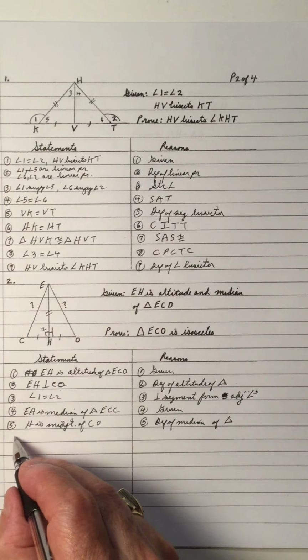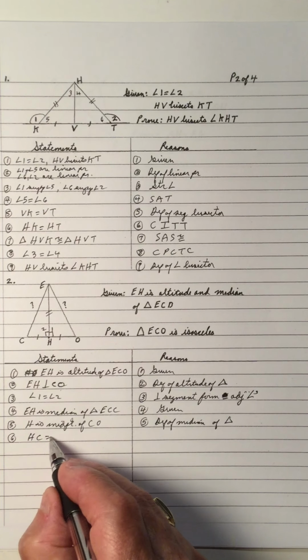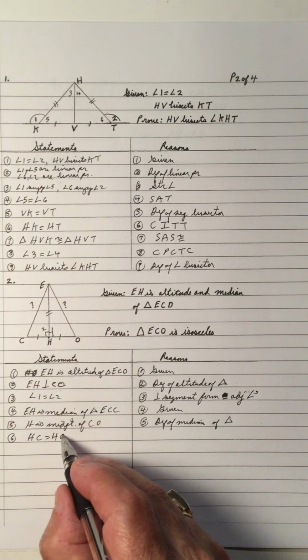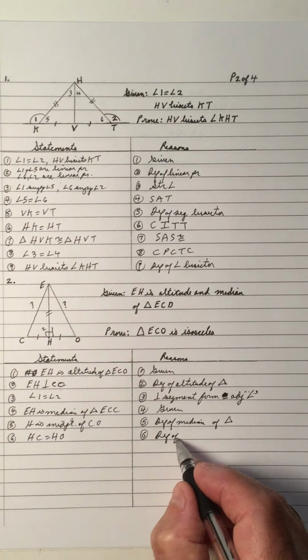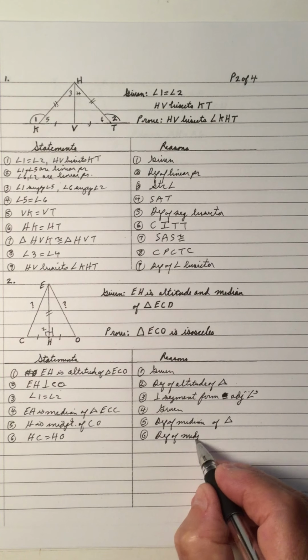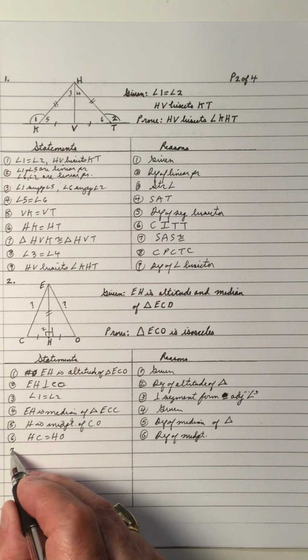Make that a triangle. And that means, because that's a midpoint, that means HC is equal to HO. Definition of a midpoint. Midpoint forms 2 equal parts.